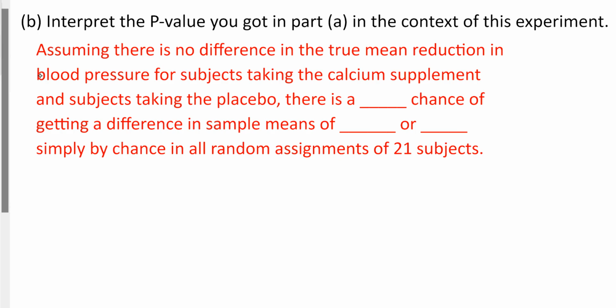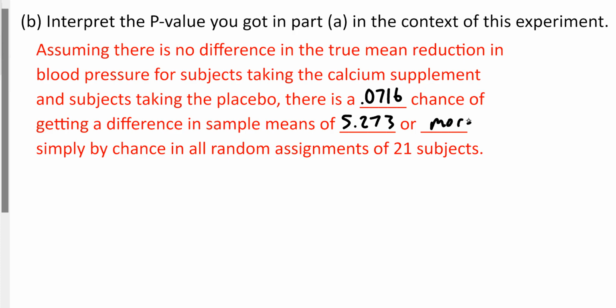If that's the assumption, there was a 7.16% chance of getting a difference in sample means of, in this case, 5.273 or more.